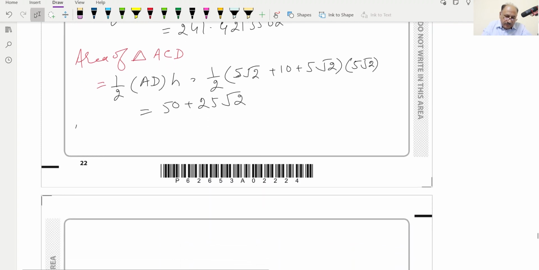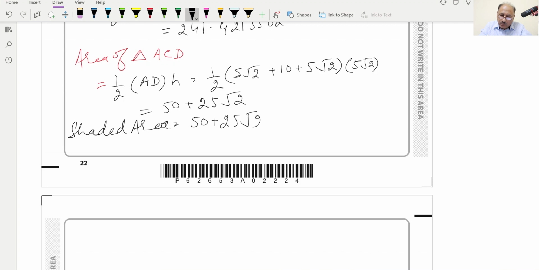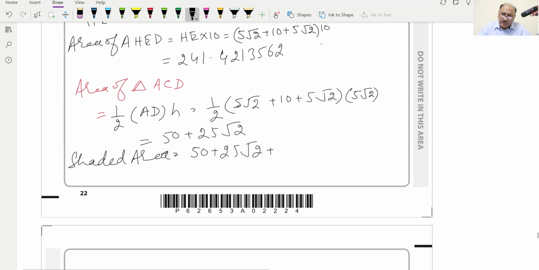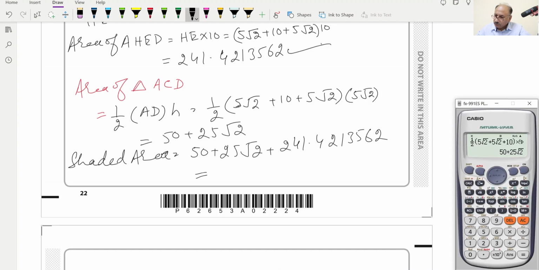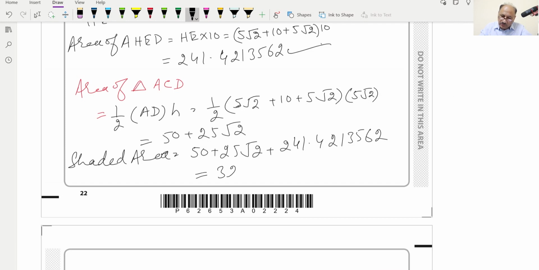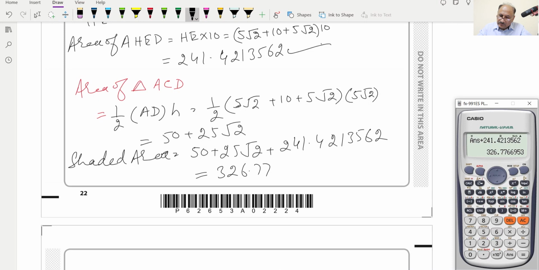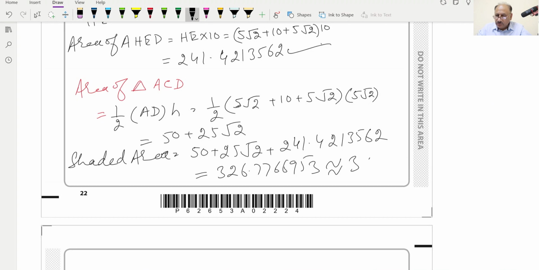So the shaded area will be equal to 50 plus 25 under root 2 plus the area of the rectangle, which is 241.4213562. Adding these gives us 326.7766953, approximately equal to 327.